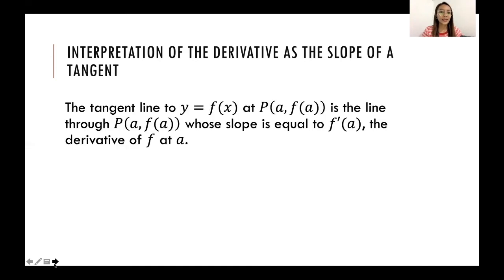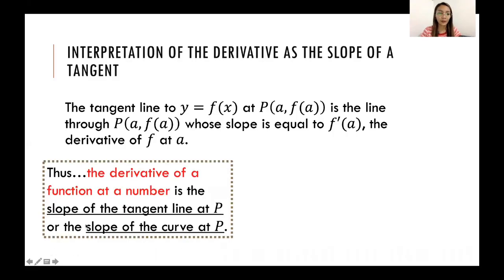So the tangent line to y equals f of x at P(a, f(a)) is the line through P(a, f(a)) whose slope is equal to f prime of a, the derivative of f at a.